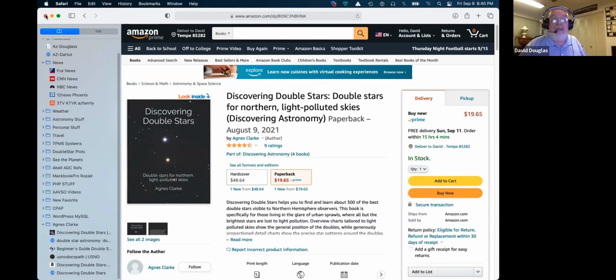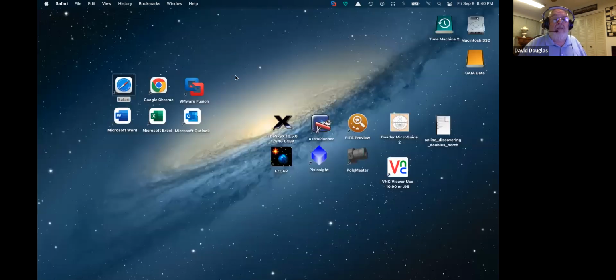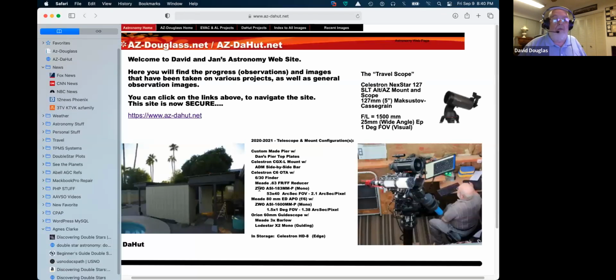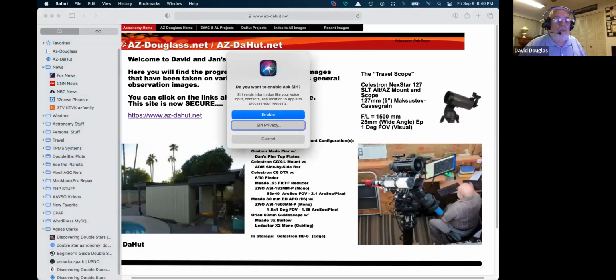And they sell that for $19.65. You can also get it in hardcover for $48, a little more expensive. As far as I'm concerned, the one that most of us would probably want or use is what Tom has there and is showing you, which is the ring bound.